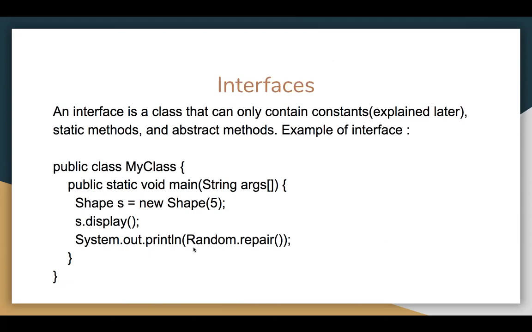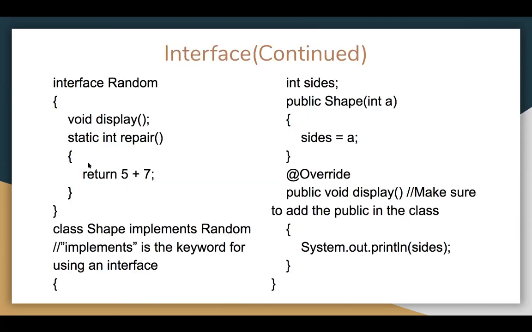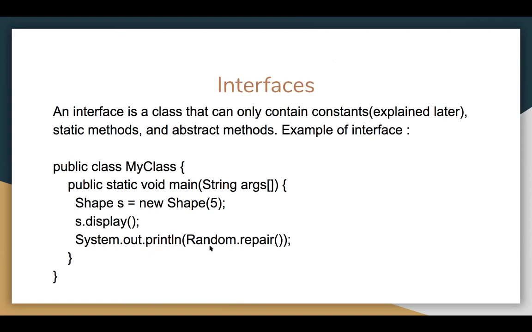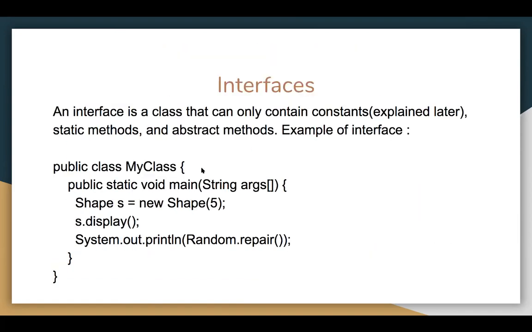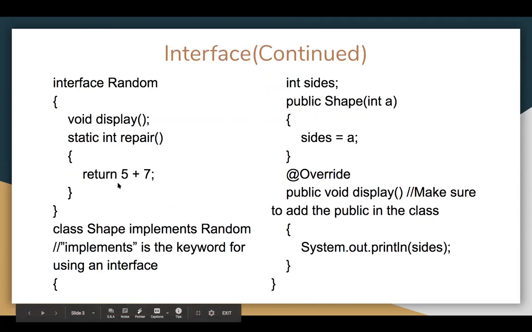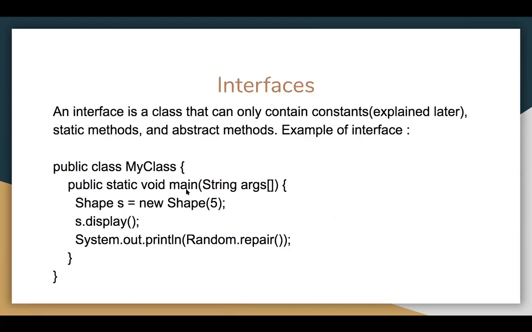But then notice here that I want to use the static method right here in interfaces, so what I do is the name of whatever it's in, and in this case it's in the interface random, and then dot repair, which is the name of the method, and it should print out 12 because 5 plus 7 is 12. And just keep in mind I didn't put this before, so it's best to learn it right now so that you understand how to do it.